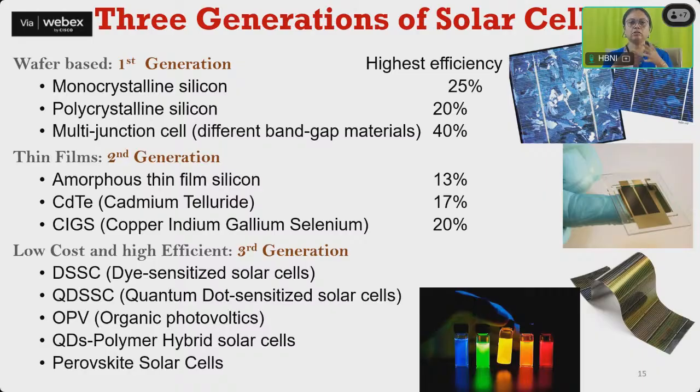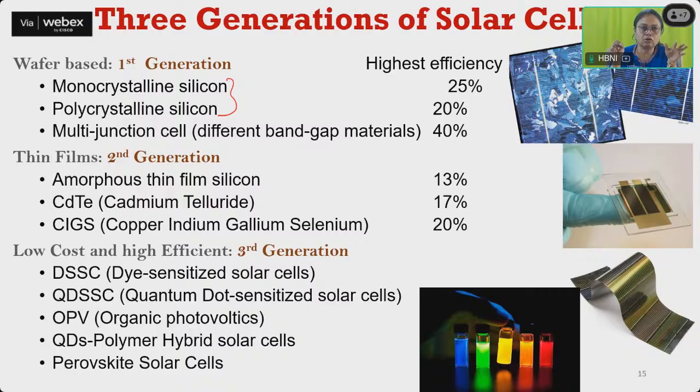Now, depending on the material, what kind of semiconductors we are using for making the solar cells, the solar cells have been tabulated in three generations: first generation, second generation, and third generation. The first generation are wafer based, and they are generally silicon.